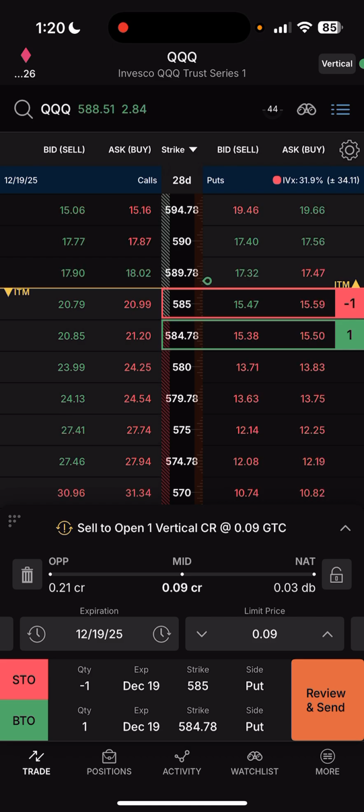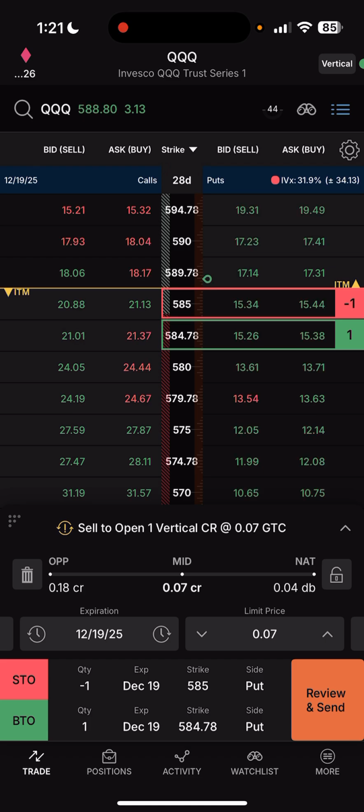And you can see at the bottom there your quantity, your expiration date, your strike prices, and the type of trade, puts. You can also see a little bit above that what the mid price is, and then both sides of the trade, what people are asking for, bid and ask spread.